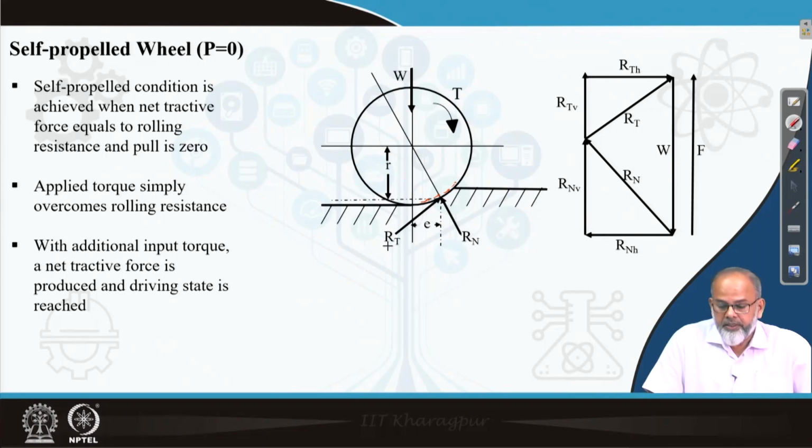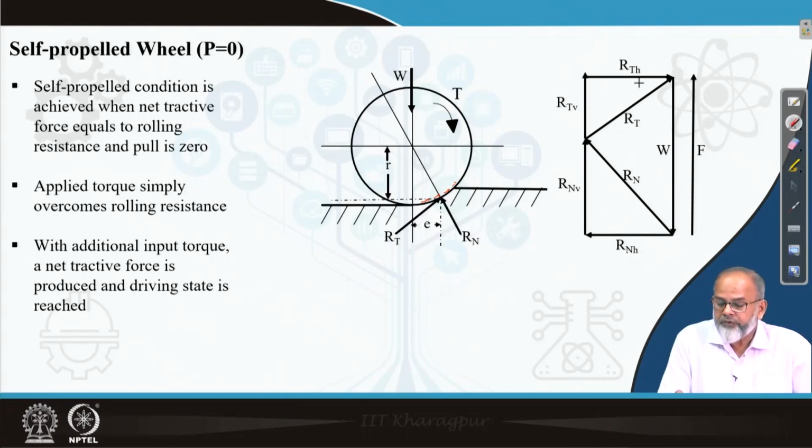RN is the soil reaction, which is the radial soil reaction. Now if I resolve these forces, which I have done in the right corner, Rn will have a horizontal component Rnh and a vertical component Rnv. Similarly, the tangential force, which is developed because of the shearing action of the wheel with the soil, will have two components which I have denoted as Rth and Rtv.